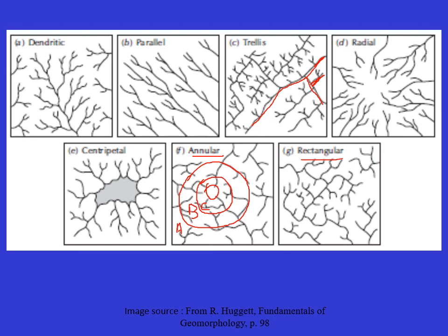In contrast, in trellis there are alternating soft and hard rocks, so there is no structurally controlled drainage network. It depends on the hardness of the different rock types.